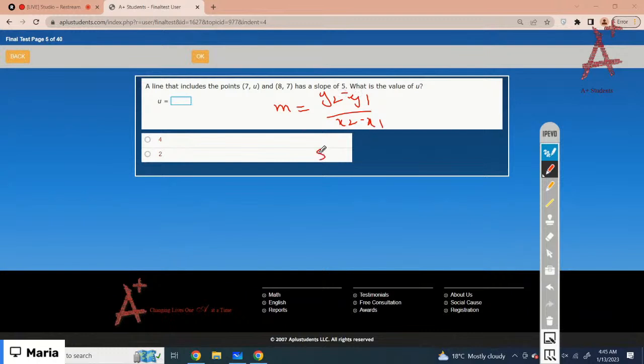Just put in the values. Slope is 5, so 5 equals 7 minus u over 8 minus 7, that is 7 minus u over 1. Just move u to the other side, it would be 7 minus 5, that is 2. The correct option is 2.